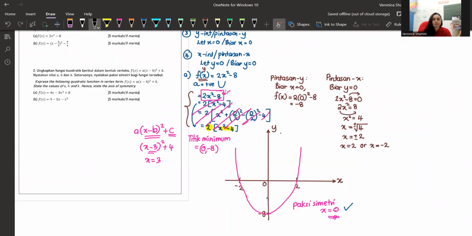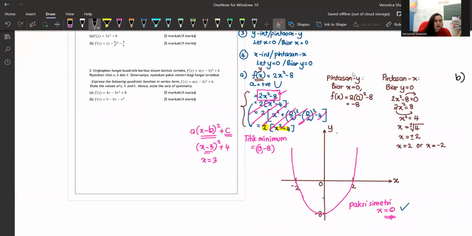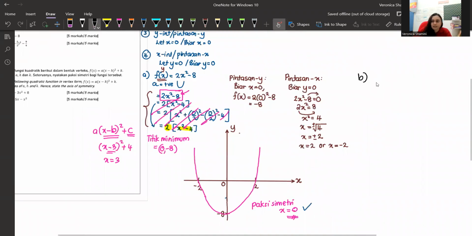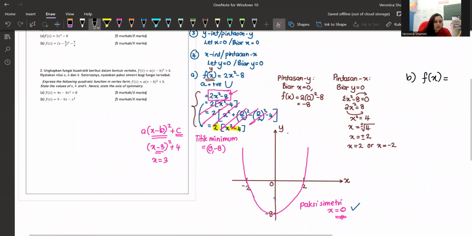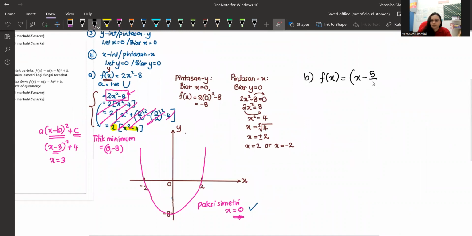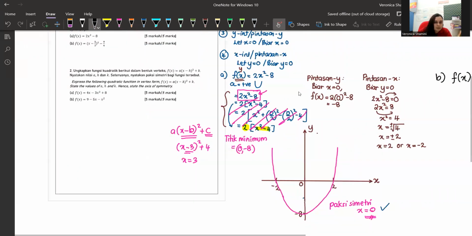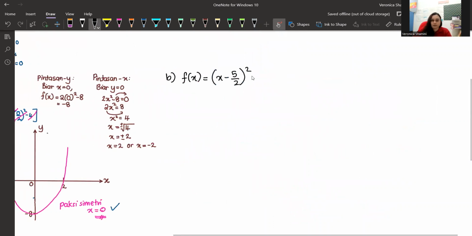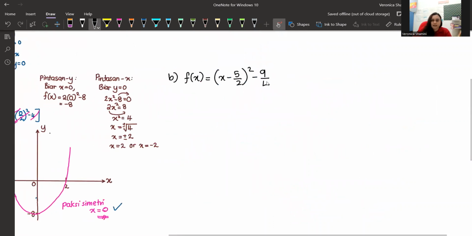Okay. For B, okay, B teacher do here. The graph is, okay, I write down first. Fx equals to x minus 5 over 2 kuasa 2 minus 9 over 4. Okay, tolak 9/4. Okay, look at this.